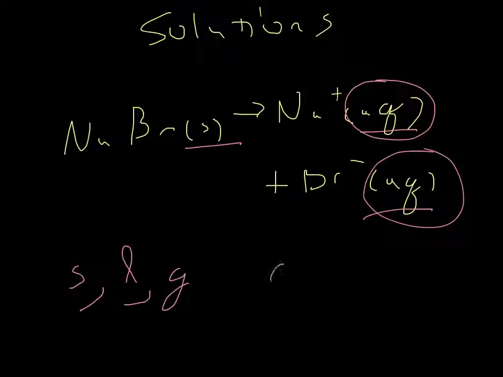So you write AQ in the parentheses for aqueous, showing that the ion is in water, and that's why. So that's just a little more rules. I know, lots of rules this chapter. Well, there's only going to be more.